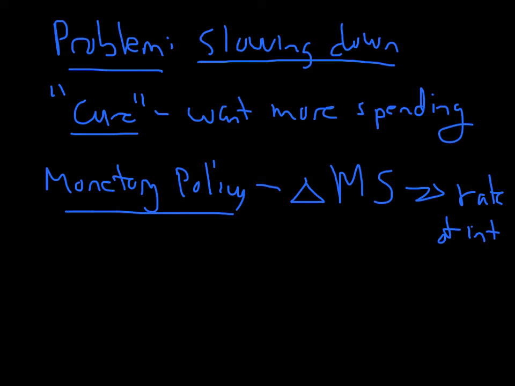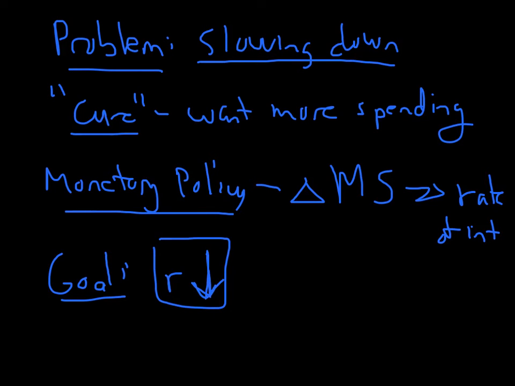And when the rate of interest changes, that affects borrowing. So if the economy is slowing down too much, with fear of a recession, the goal would be more spending and more borrowing, so the Fed would want to decrease the interest rate. Lower interest rates result in consumers generally borrowing more money and spending more money.